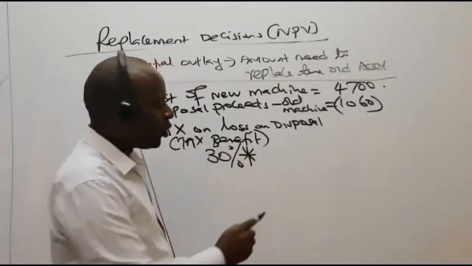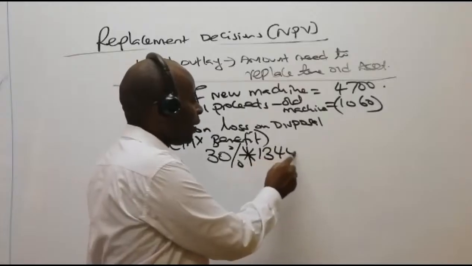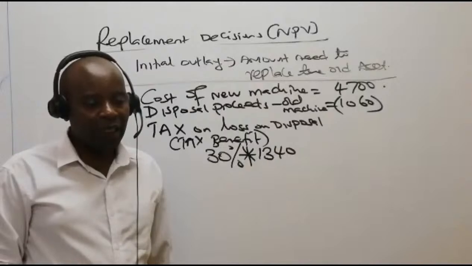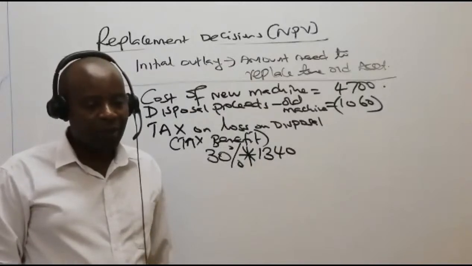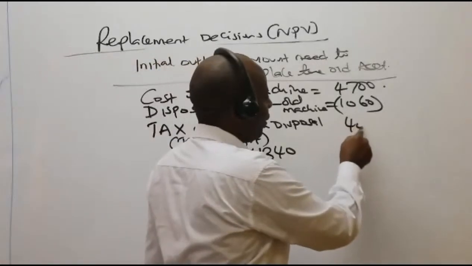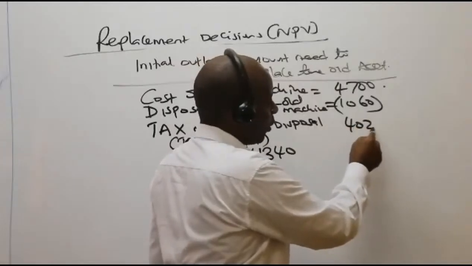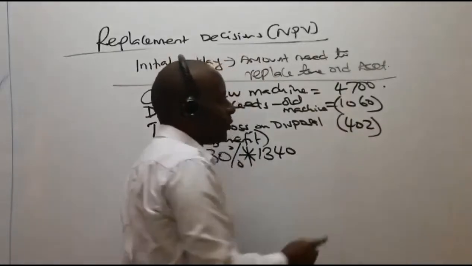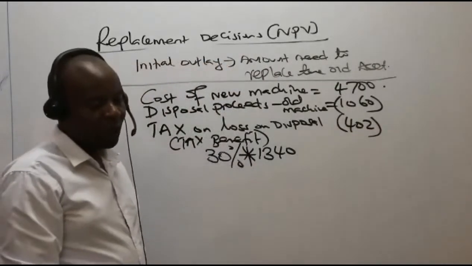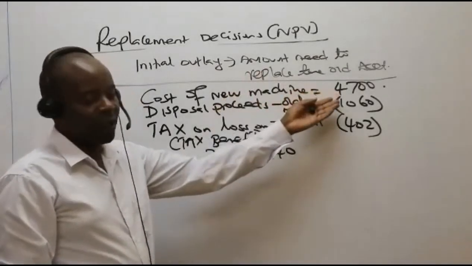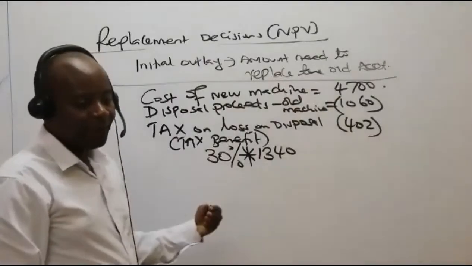You gave me a loss on disposal figure of 1340. Which gives me what here, somebody? Which gives me 402. Because we are comparing these two payments and this is a benefit, straight away I'll be required to subtract, because we took the outflow to be positive, so the inflows must be negative.